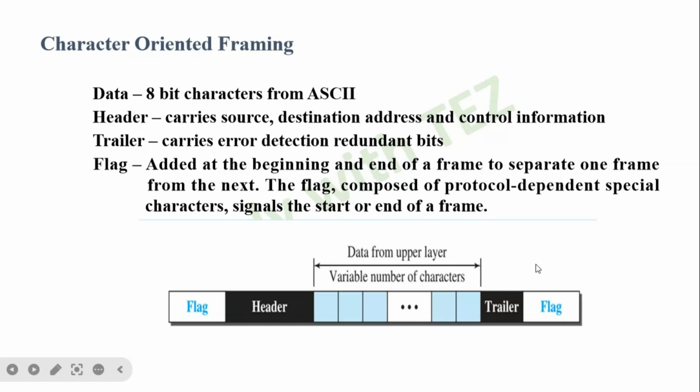So what does the header contain? It contains the source and destination address, also the control information. Whereas the trailer contains the error detection redundant bits. The flag we usually use is composed of a protocol dependent special character or signal. These are used to mark the start or end of the frame, so this will separate one frame from another.